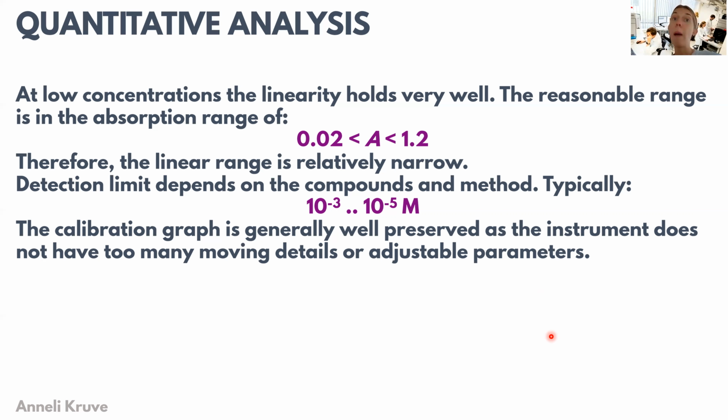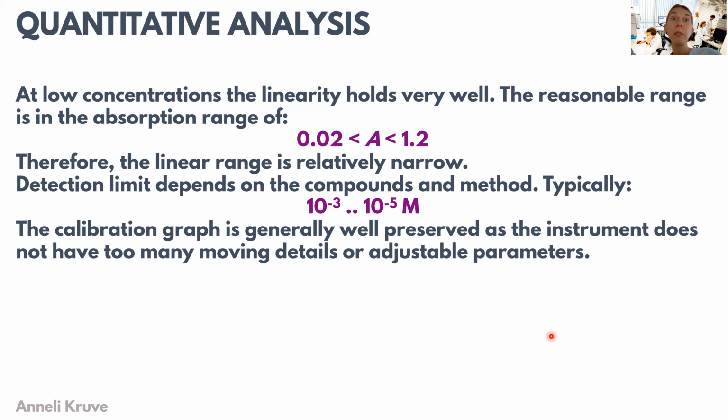This means that if the calibration graph is measured in the morning, it usually holds fairly well during the day or even on the next day, so that the calibration graph does not need measuring very, very often, which, for example, is often observed in mass spectrometry that you will see later in this analytical chemistry course. But in ultraviolet visible spectroscopy, the calibration graph usually holds very well.